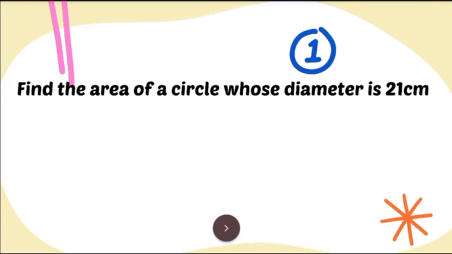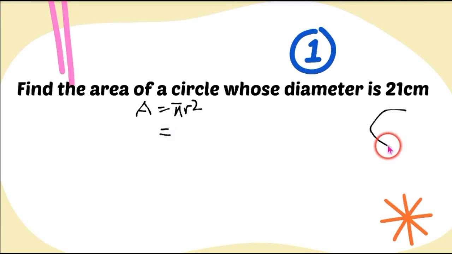So let's go straight. The first one says find the area of a circle whose diameter is 21 centimeters. The area of a circle is pi r squared.